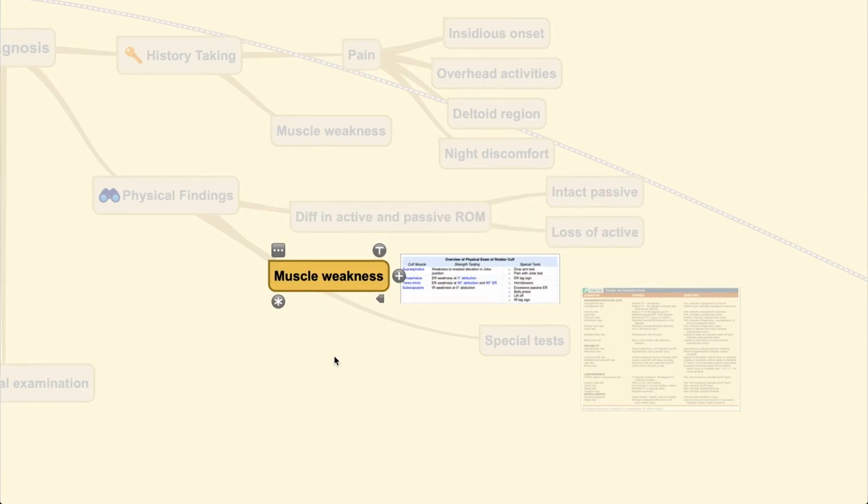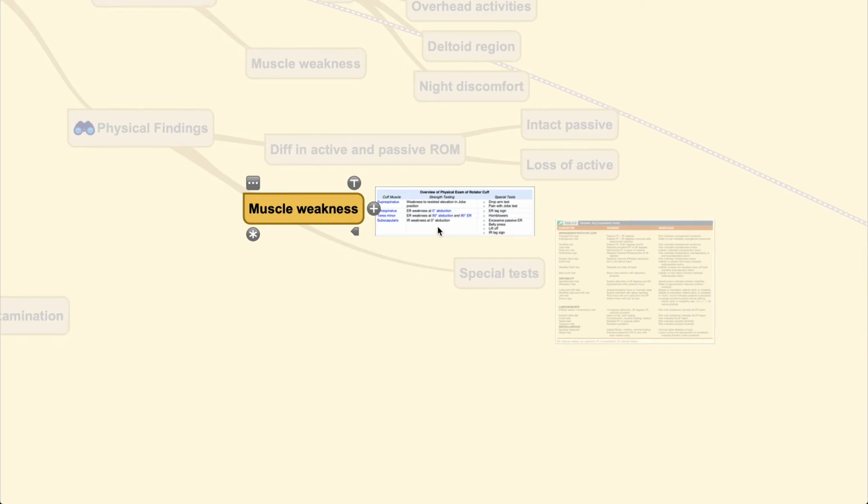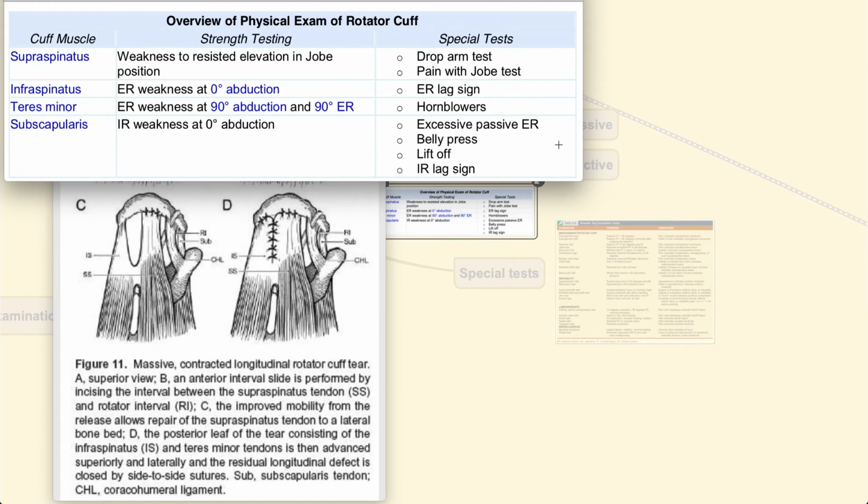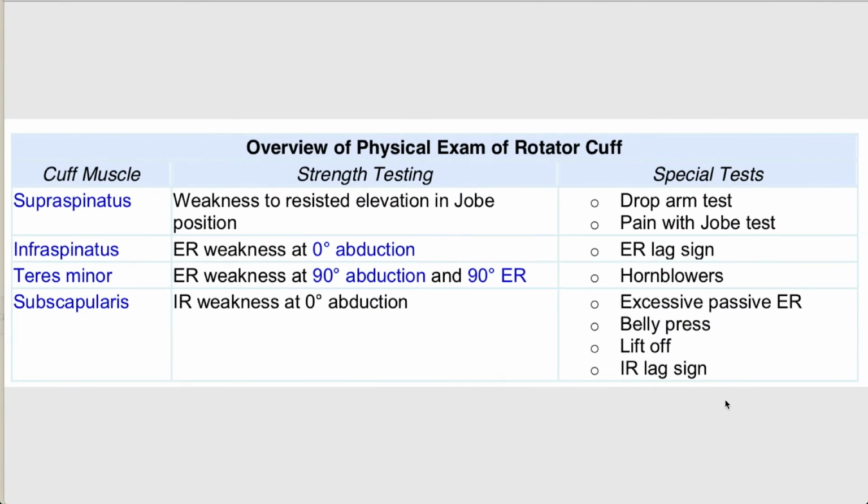Next, evaluation should include muscle weakness. And to do this, you may be confused sometimes while reading textbooks regarding physical exam for the rotator cuff, and I find this table to be very good and it summarizes all the important points.